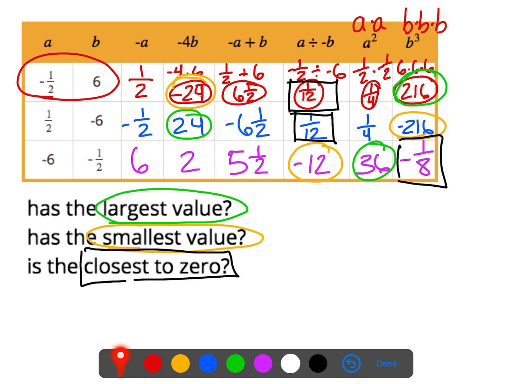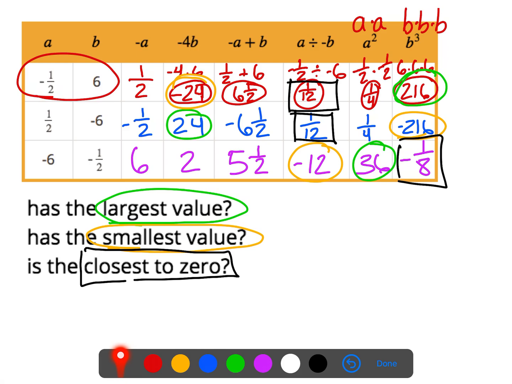They get increasing in size very quickly because of the powerful process that an exponent goes through. We also had multiplication here that showed the largest value in this row, and that was only because we multiplied two negative numbers, which turned our product positive. All right, there's all kinds of patterns here.